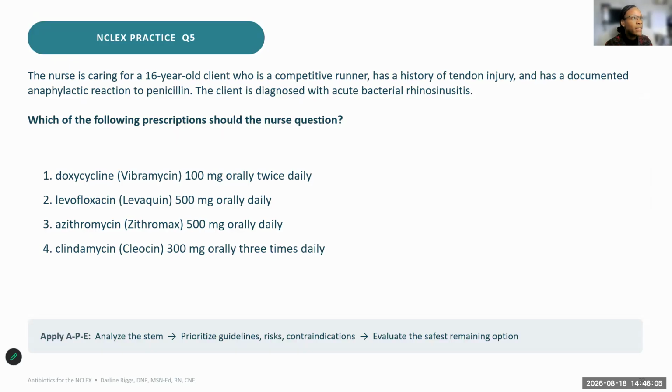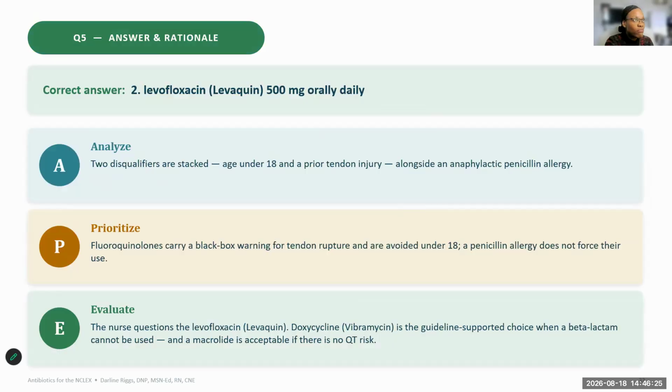But we could have easily thrown penicillin in there, right? And see if you're processing that. So another really good question. Okay, so we would question the Levaquin because of the tendon injury. We would question that because of the age. Yep, a number of reasons that rule this one out.